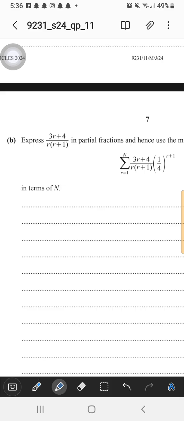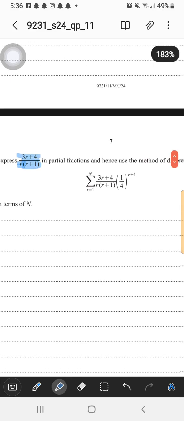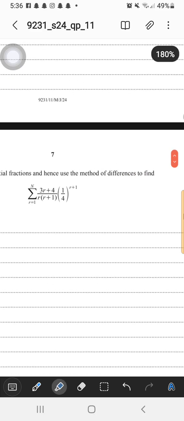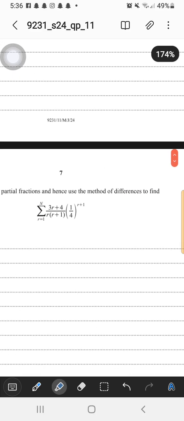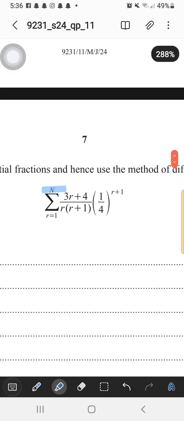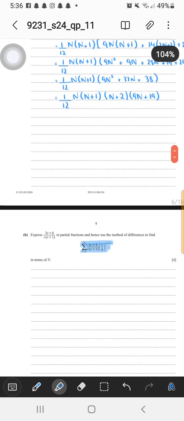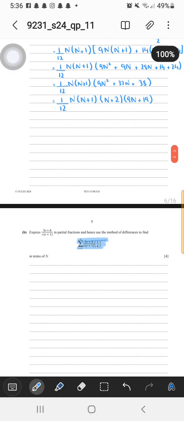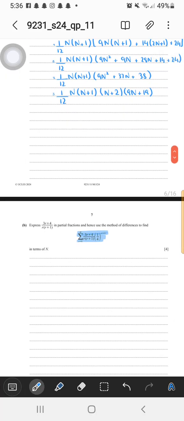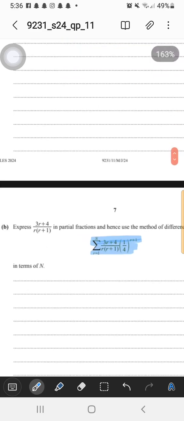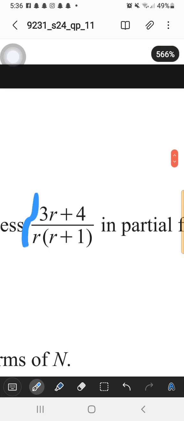So the first part will be to form this fraction in partial fractions. And hence, use the method of differences to find this in terms of n. So first of all we have to do partial fractions to this fraction.